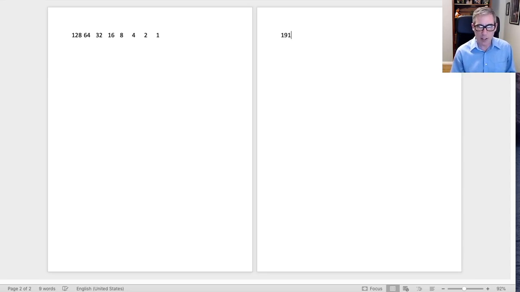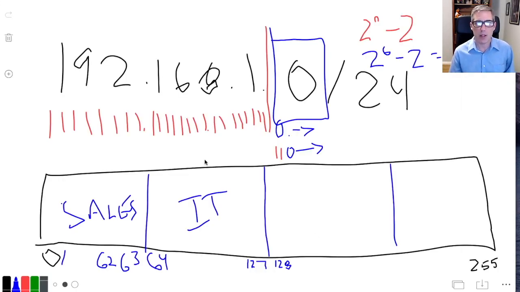So let's go back to what we wound up with in our previous example. Let's look at IP address 60, and because we had the two extra bits, we're going to go with a /26. So what we're saying is we have 24 bits for the subnet mask that cover the first three octets, and 2 bits in the last octet.